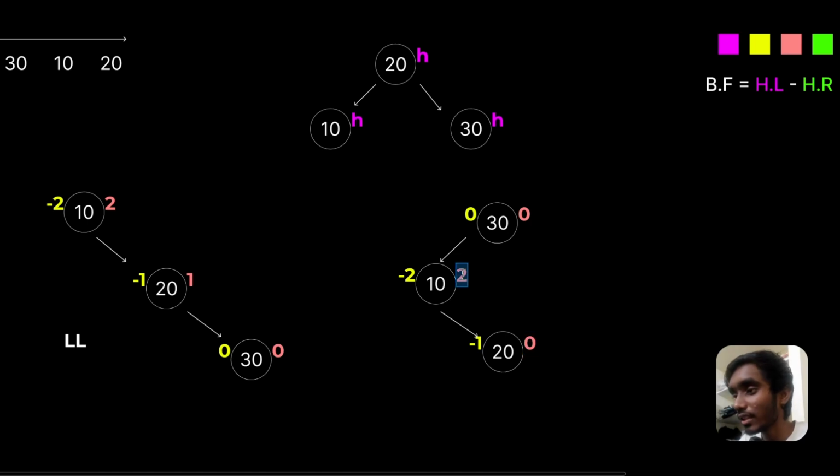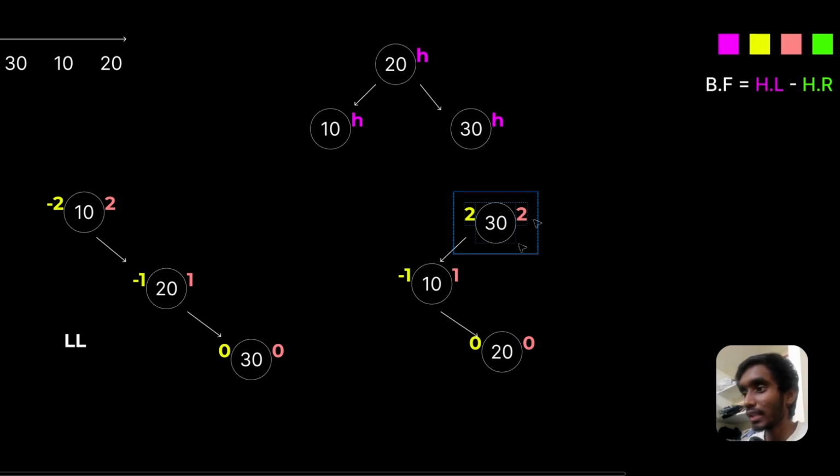For this it will be 0, for this it will be 1, for this it will be 2. Now the balance factor for this will be 0. The balance factor for this will be minus 1, because the height of the left is 0 and the right is 1, so minus 1. And for this, the height of the left will be 2, and it has nothing on its right, so we'll just go with 2.